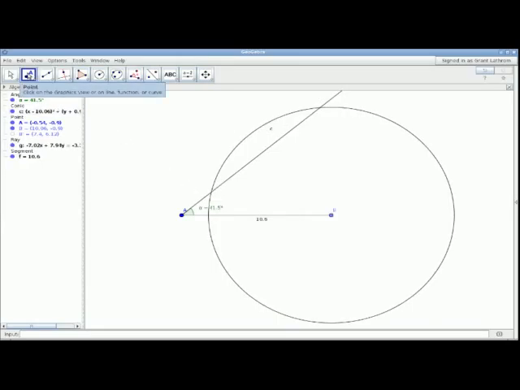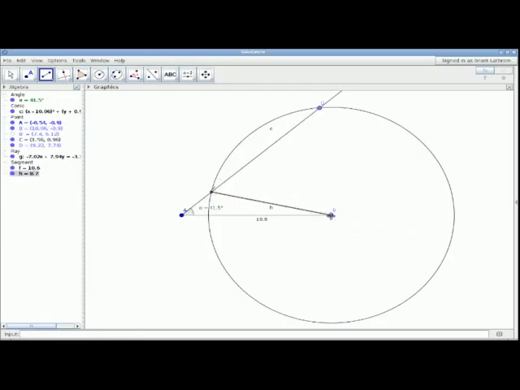And so I've got two possible answers in this case. I've got one answer there and one answer there. Okay, so if I do the segment between C and B, there's one possible triangle.